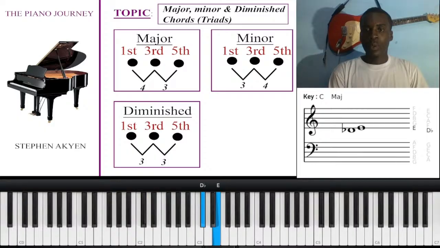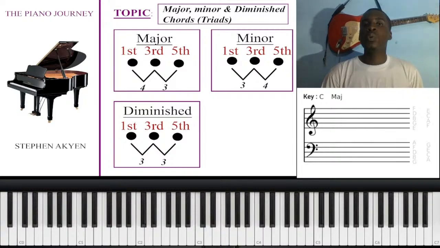Then from here, the third, we count another 1, 2, 3, 4 to get our fifth. So you understand it. So in simple terms, the formulas for the major and minor are 4, 3, and 3, 4, respectively.